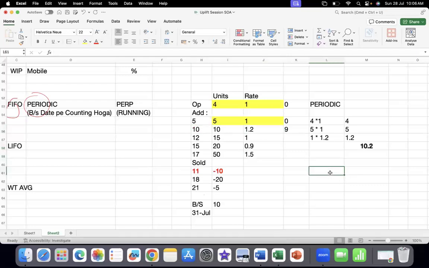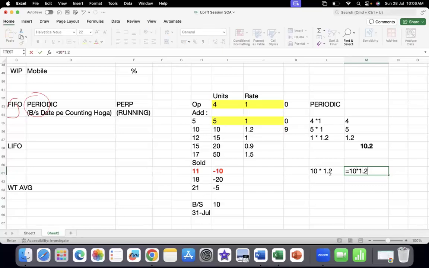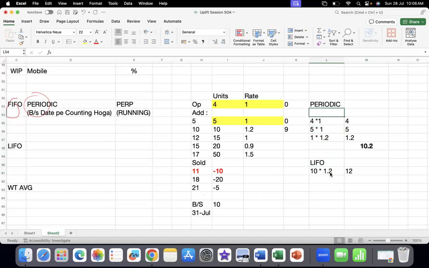So for that kind of a problem, it would be 10 units being directly sold at 1.2, and the value will be 10 into 1.2, that is 12. So this is your LIFO, this is your FIFO, and both are periodic.